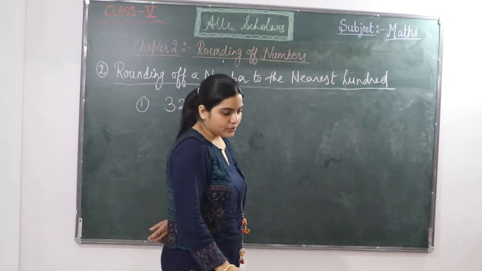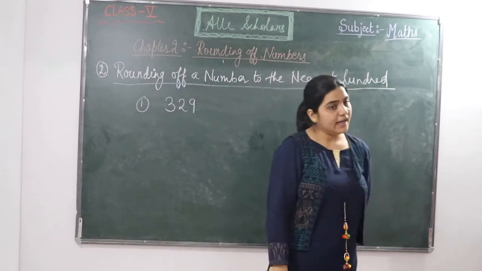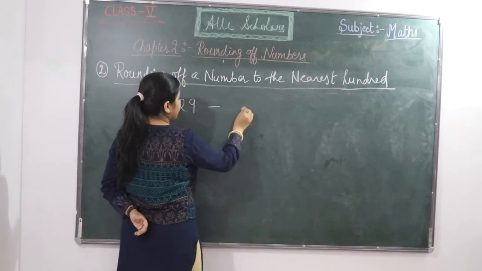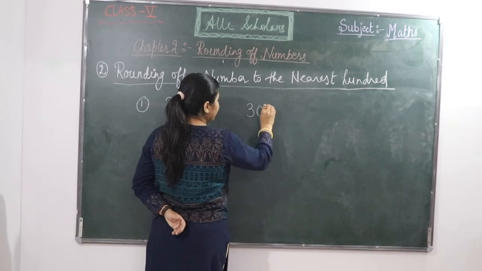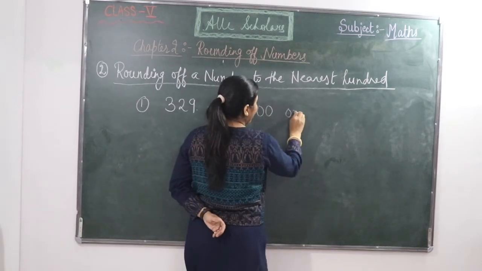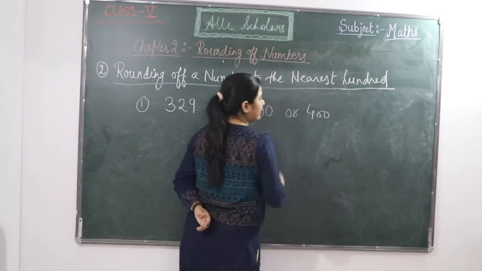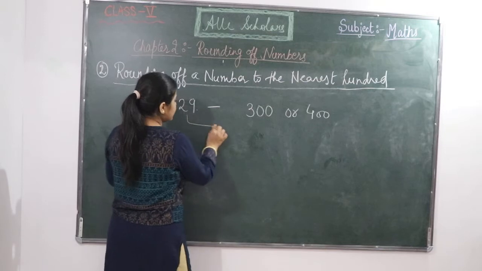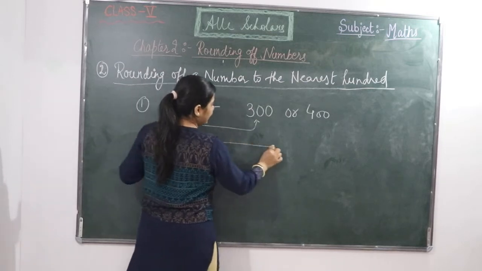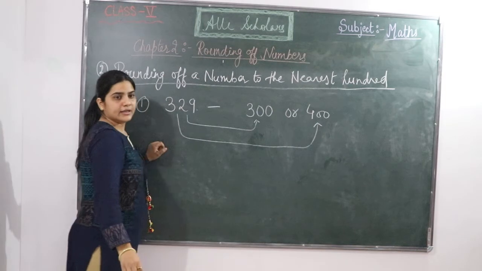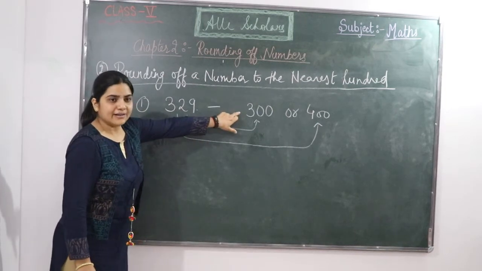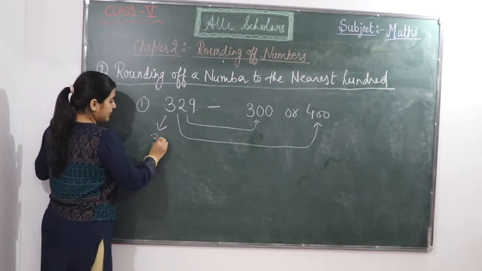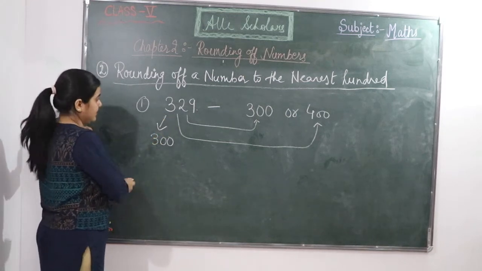We have to round it off to the nearest 100. 329 can be 300 or 400. Is 329 near to 300 or near to 400? It is near to 300. So the rounding off to the nearest 100 will be 300.